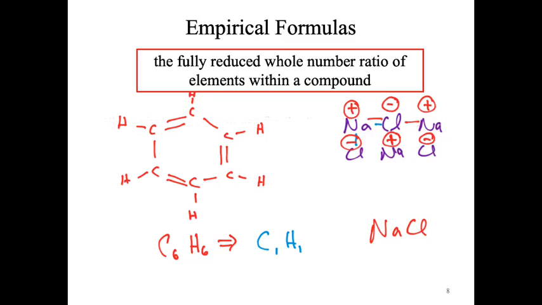Okay? So why would I look at an empirical formula? It gets me parts. It gets me some information. In old school chemistry, when we didn't have advanced technologies, an empirical formula gave us something when we had nothing.